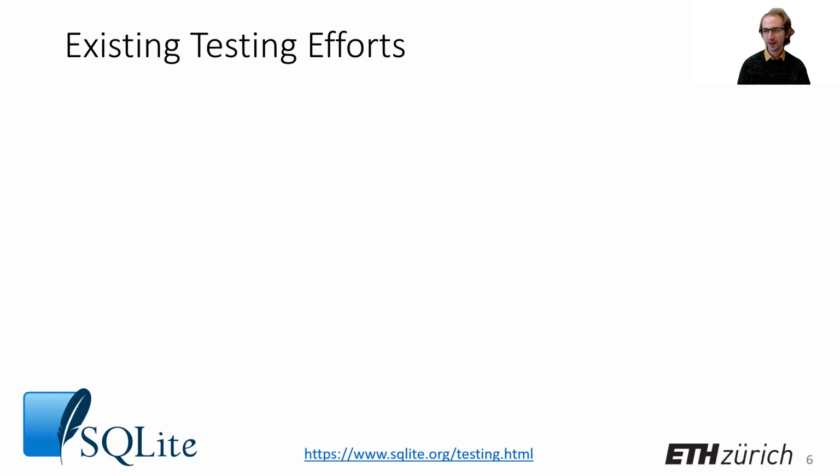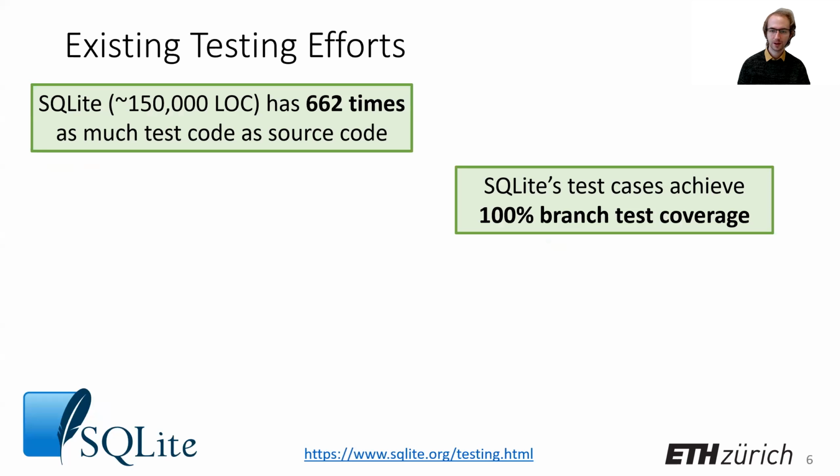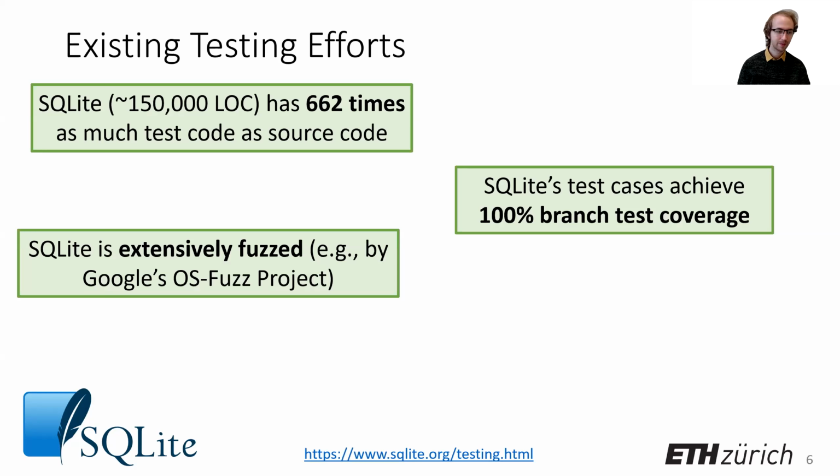It is not very surprising that these DBMSs are strictly tested, because even a single bug might affect many users in practice. For example, SQLite has about 700 times as much test code as it has source code. SQLite's test cases achieve 100% branch test coverage, even more so they achieve 100% MC/DC coverage, which is an even stricter coverage metric that is used in the domain of safety-critical systems.